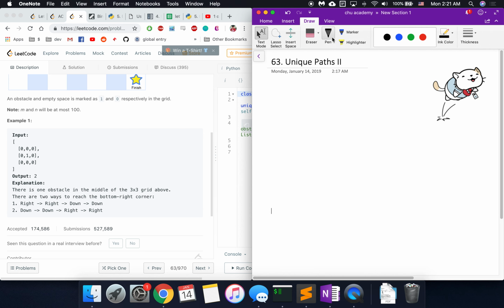So we can draw a grid here specifically for this problem, and you only go where the zeros are, so you can't go here. You start up here. Over here, there's one way you can get here, and that's through the start.